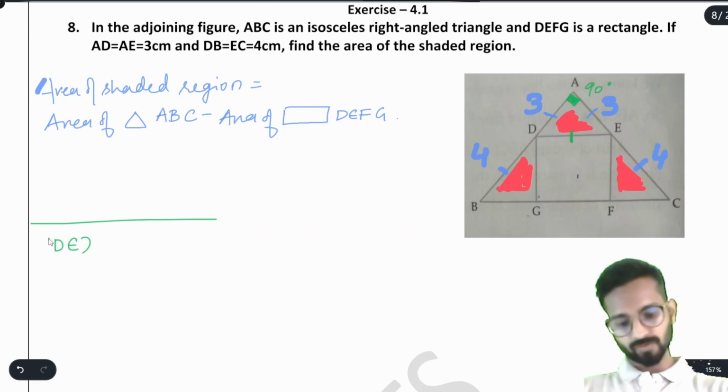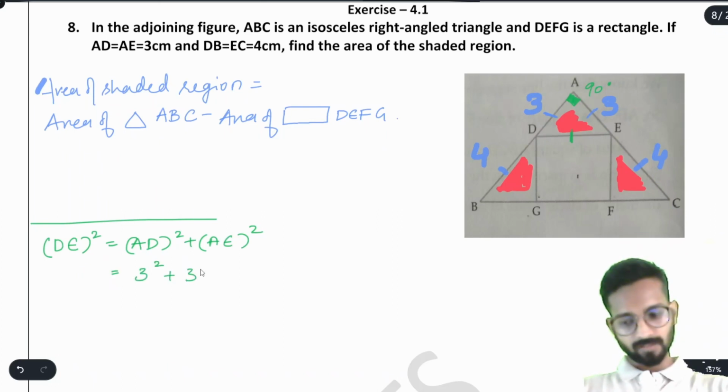We can say DE square is equal to AD square plus AE square.